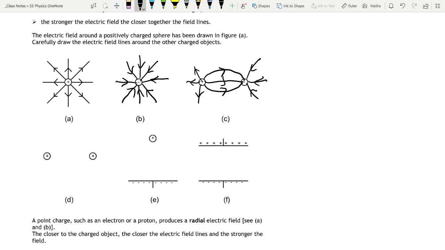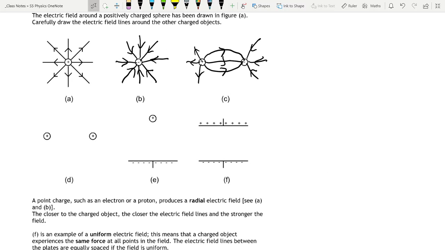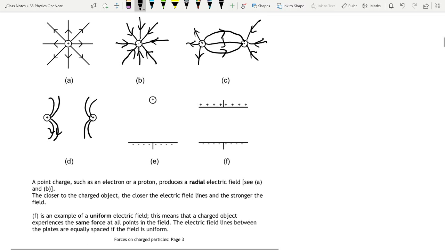And again, positive and positive, this one here, similar to your magnetic field lines again, you'd have them going away from your positive charges, but they don't want to go towards the other positive charge, so they kind of repel away.